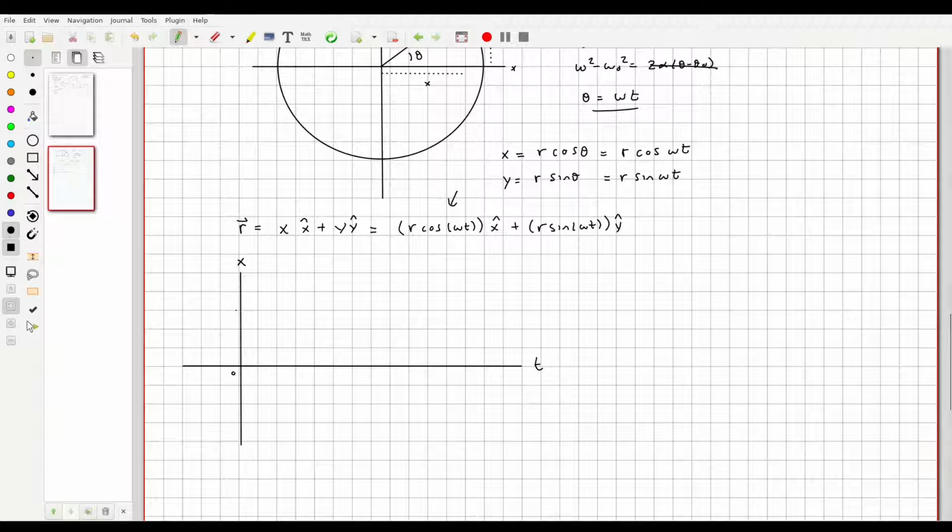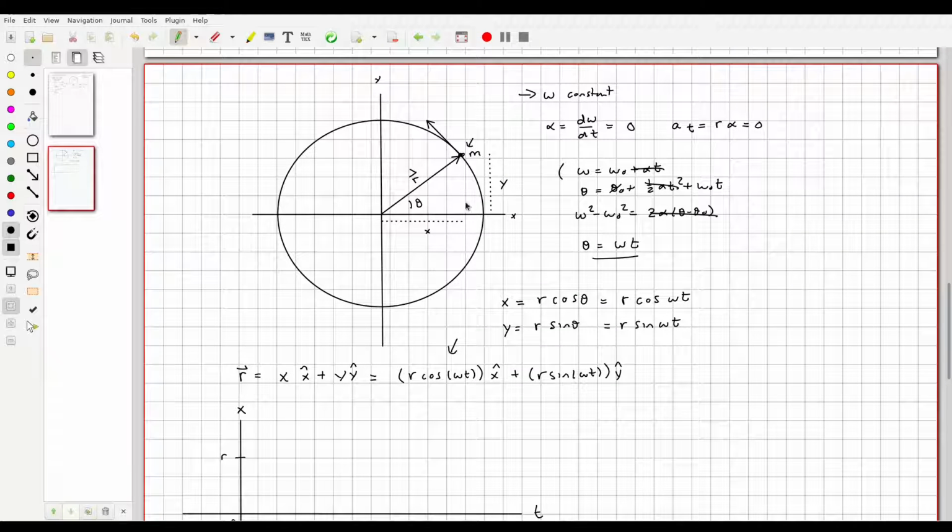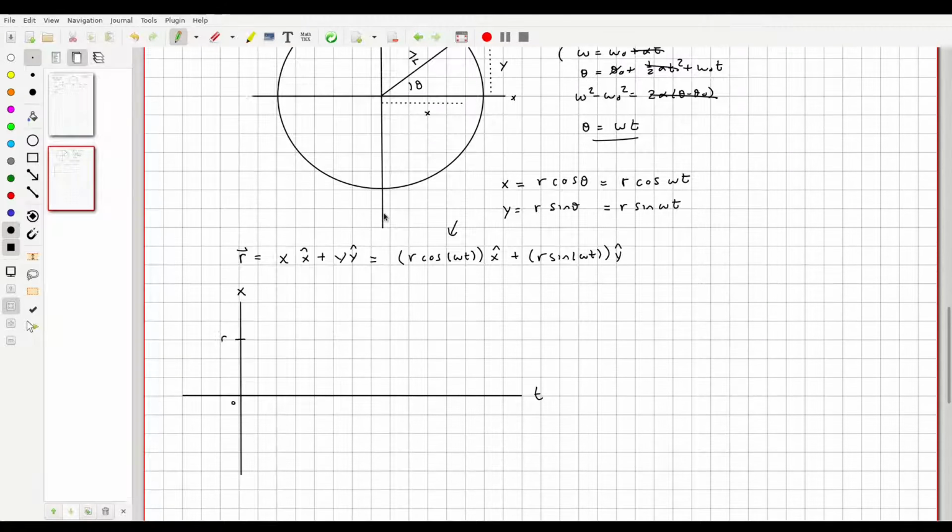Now, if you think about just along x, as this thing goes around, when it gets to this point right here, it is 0 along x.